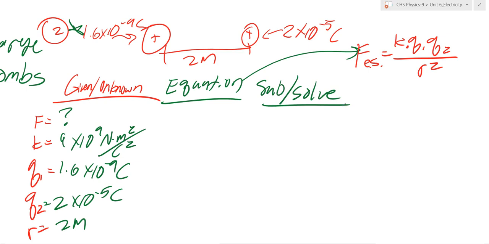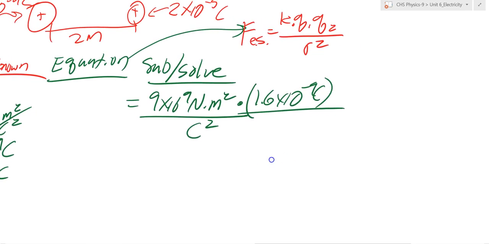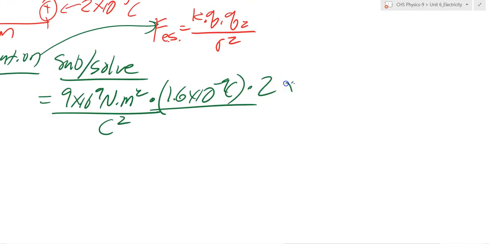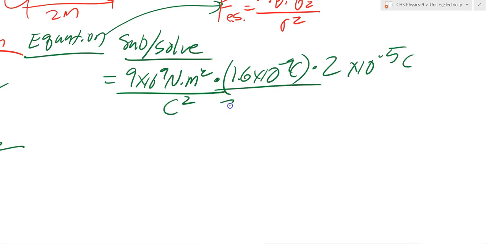Okay, so end up with 9 times 10 to the 9th newtons times meters squared over Coulomb squared times, say 1.6 times 10 to the negative 9th coulombs times 2 times 10 to the negative 5 coulombs. I took that from this guy right there. And then all over 2 meters squared.